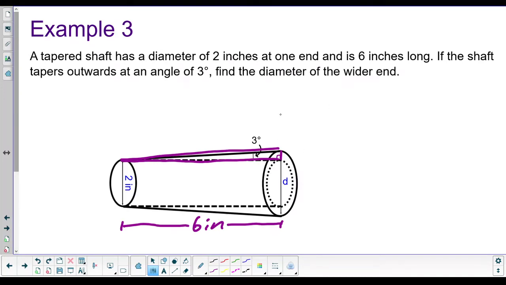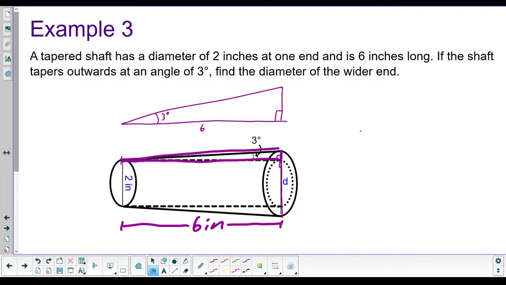So we have a triangle that is, I'm going to exaggerate this a little, like this, and this is 3 degrees. Now we know from here to here is 6 inches, so it's telling us this horizontal length here. This is 6. What we want to know is this full diameter.